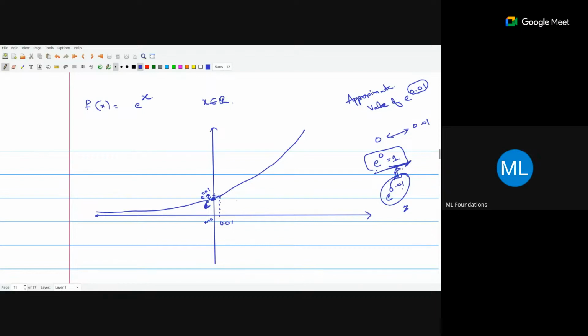As I am worried about linear approximation, I need a straight line that passes through this point and will be a better approximation to this curve around this point. Passing through this point, there are infinite lines: this line, this line, this line.